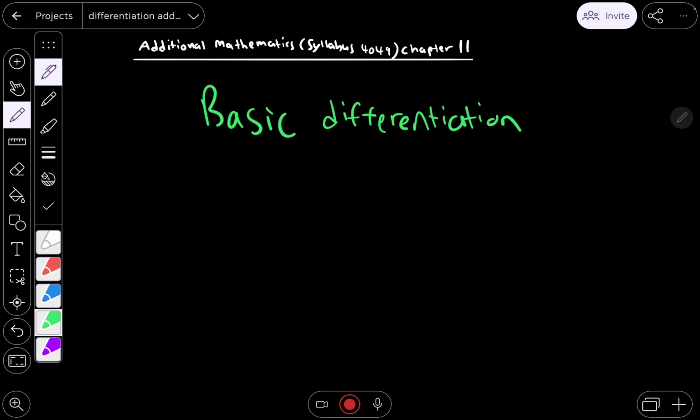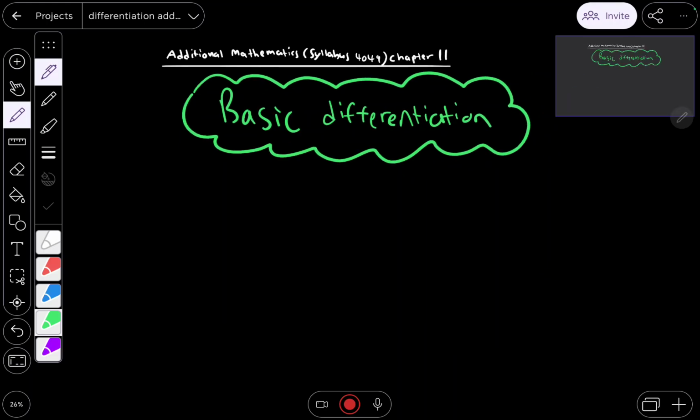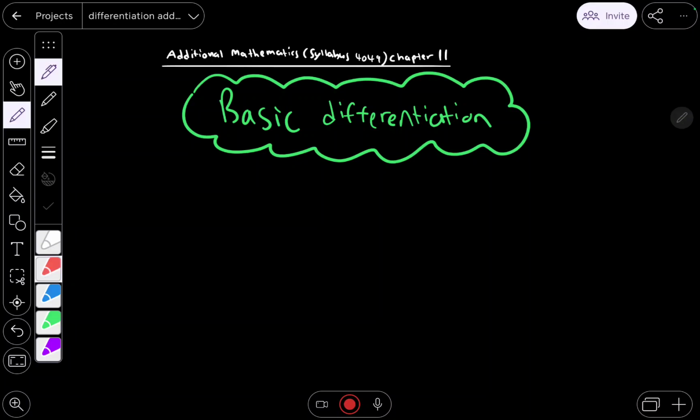Alright, so what comes to your mind when you hear the words basic differentiation? You can pause the video to think about it and I'll review my answer shortly. For me, what I know about basic differentiation is that you're going to differentiate something, of course, and maybe basic might be basic terms.